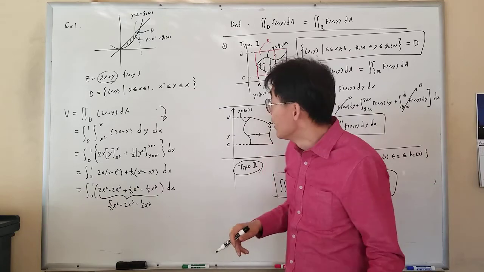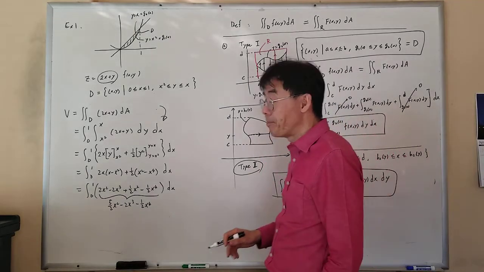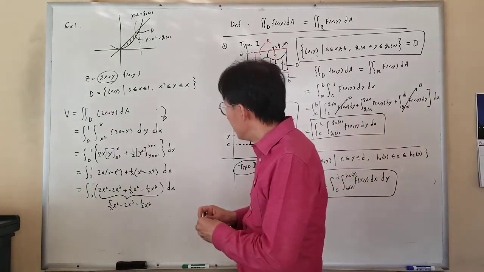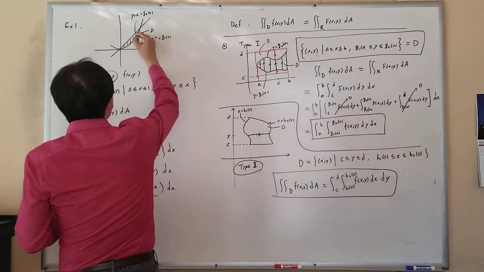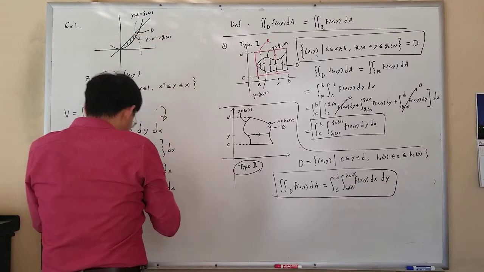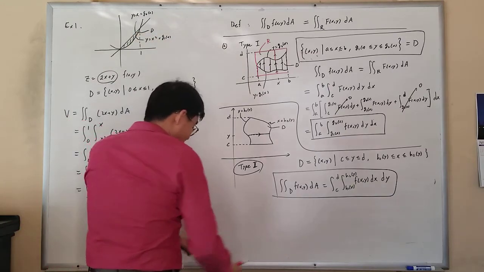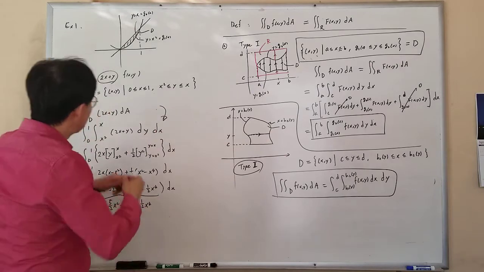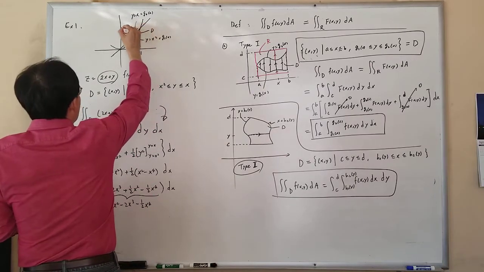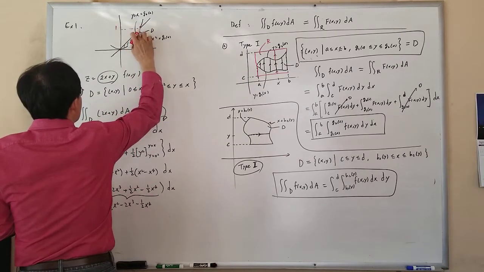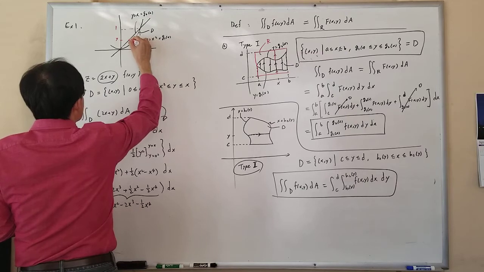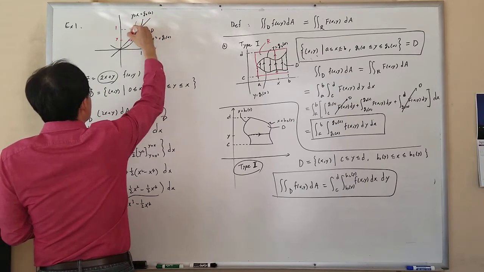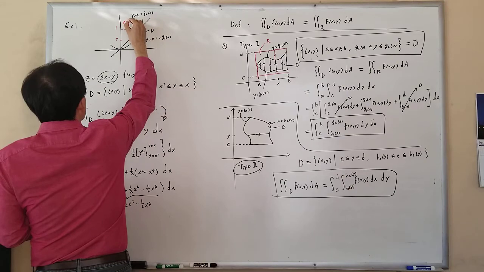Now, for this one, the first approach was considering type 1. But actually, we can consider this one as a type 2. Y runs from 0 to 1. For given y, you run from here to here. Then I have to write this one as x equals something in y.